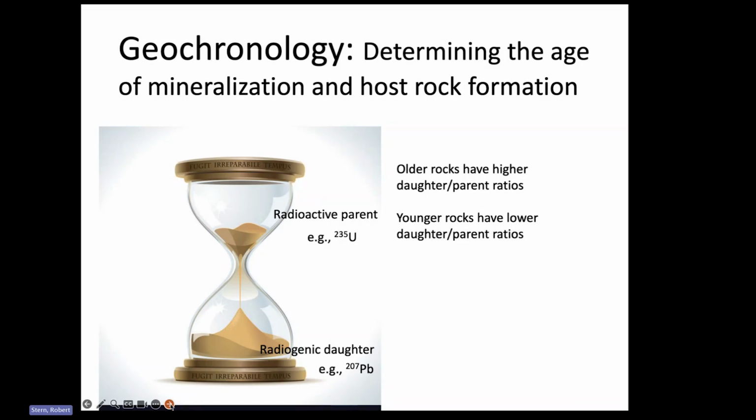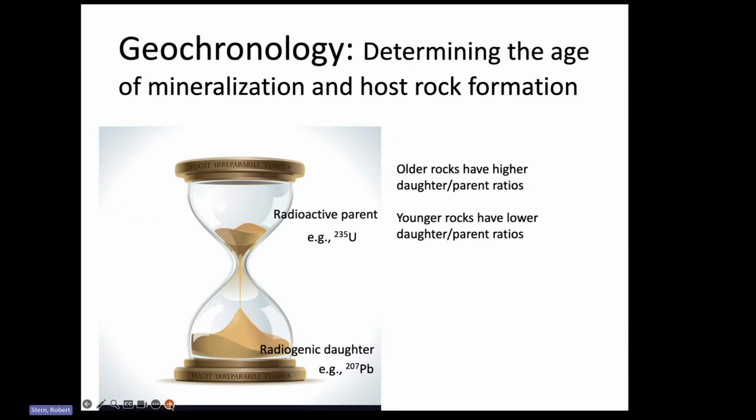Older rocks have higher ratios of daughter to parent. Younger rocks have lower ratios of daughter to parent, right? There's a very simple relationship between the ratio of daughter product to parent and age, that allows us to determine the age incredibly precisely nowadays.